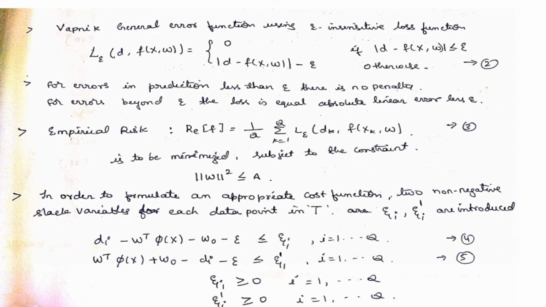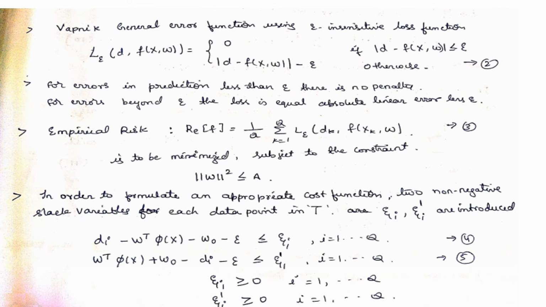So now we will define what the empirical risk is for this function. Empirical risk E of f equal to 1 by Q summation k equal to 1 to Q L epsilon of dk comma f of xk comma w is to be minimized subject to the constraint. So what is the constraint?